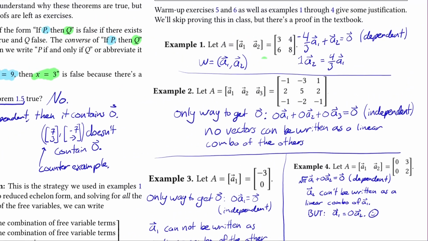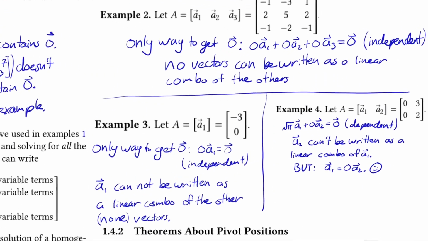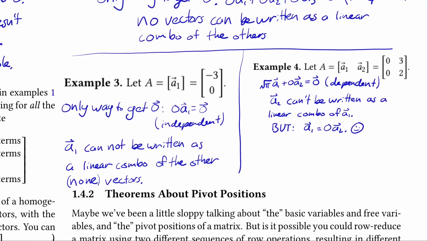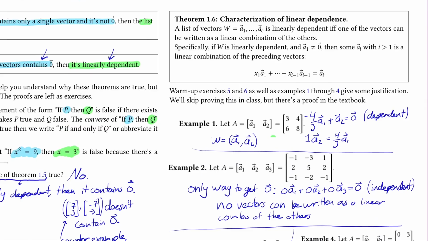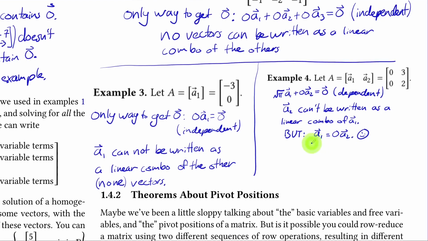So what that means is that this thing, that some vector ai with i greater than 1 is a linear combination of the preceding vectors, that part is false here because a2 could not be written as a linear combination of a1. But what the first part of the theorem says is that it's linearly dependent, which it is, if and only if one of the vectors can be written as a linear combination of the others, and a1 can be written as a linear combination of a2.